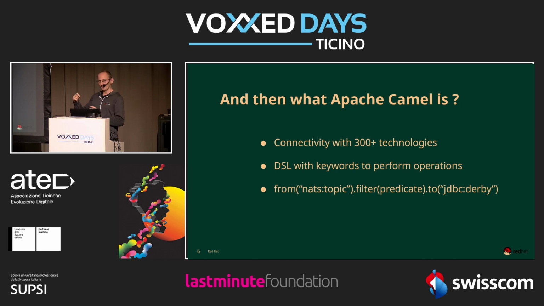We are using a pre-registered keyword, and given a predicate, it will discard the messages we are not interested in, and the messages which are really interesting we pass to the next step in the pipe, which is the to. So we are producing messages to an external system, a Derby database through JDBC. And if you have that, it's sufficient for the presentation.